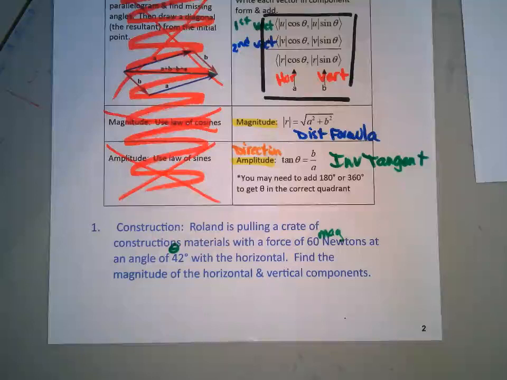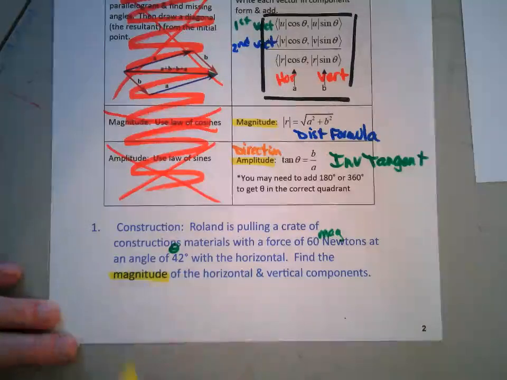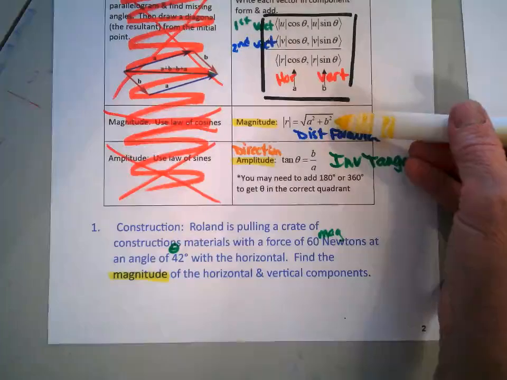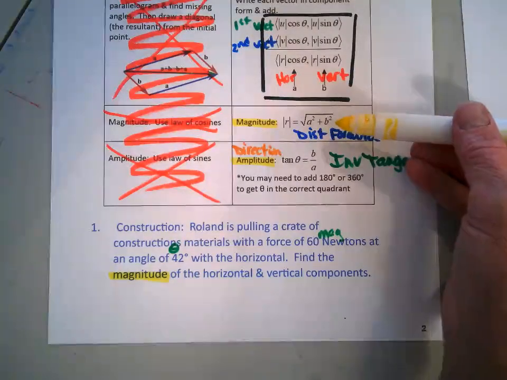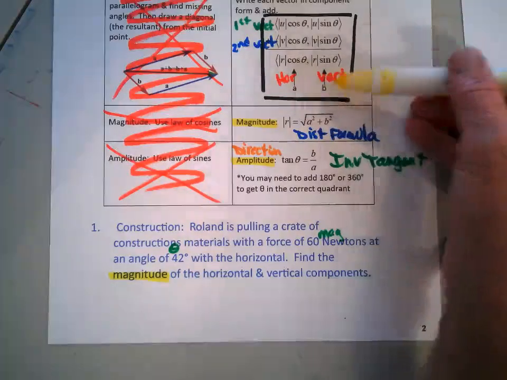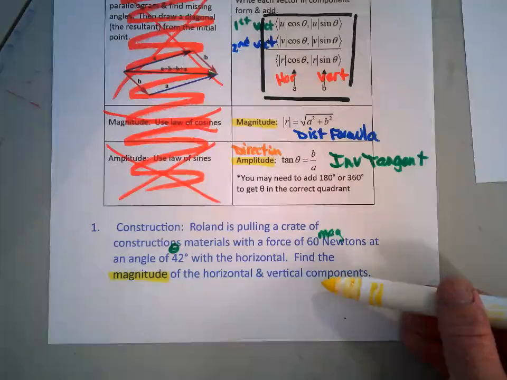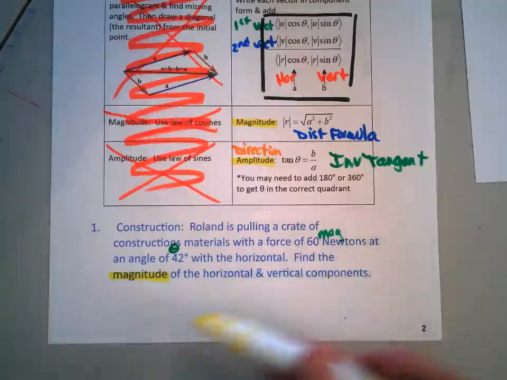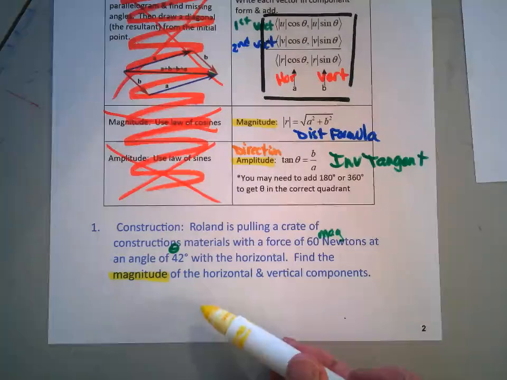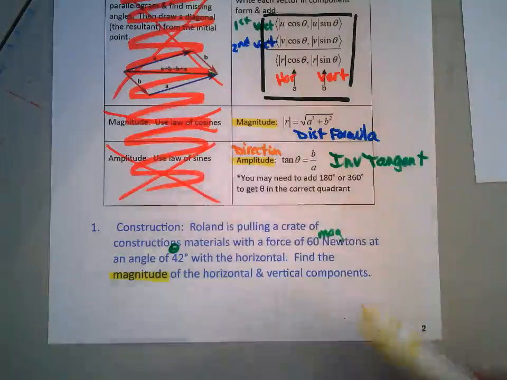Find the magnitude of the horizontal and vertical components. So we have to figure out the A value and the B value, which are the horizontal and the vertical, and then we will use the distance formula to figure out what that is.